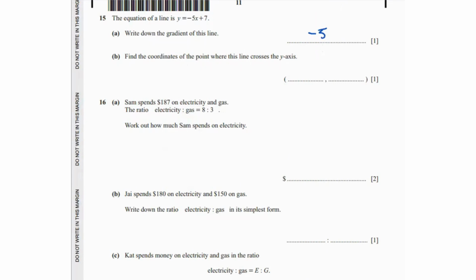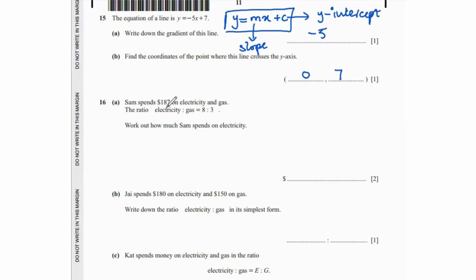Y-axis is the y-intercept, which is the constant that's being added to x. So x will always be 0 when the line is crossing the y-axis, and y value will be 7. For this, you need to know what y equals to mx plus c is, which is your slope-intercept form. M is your slope, which is the same thing as gradient, and c is your y-intercept.